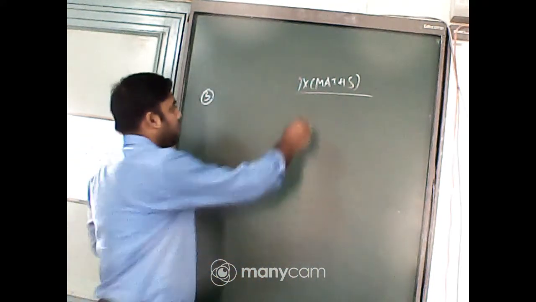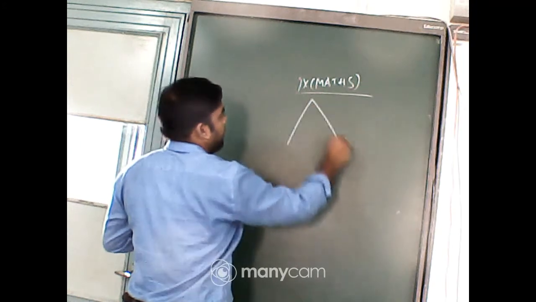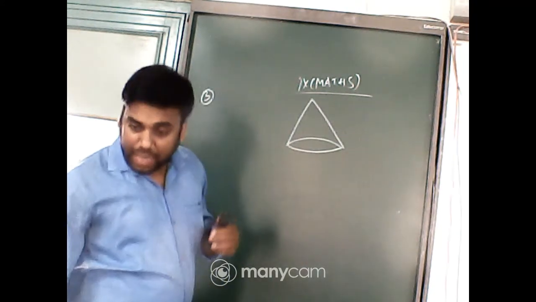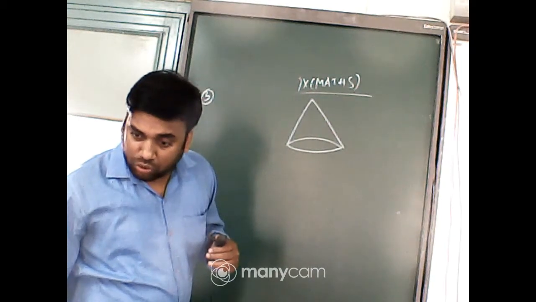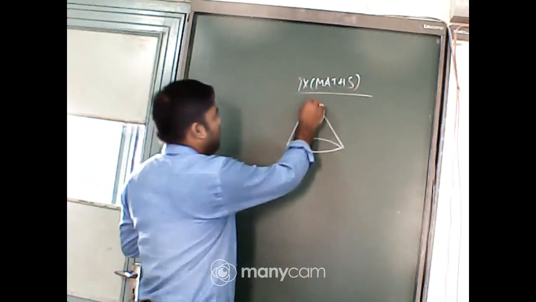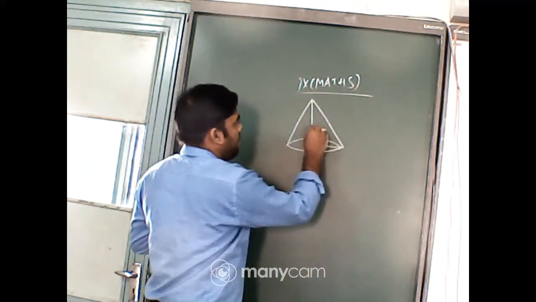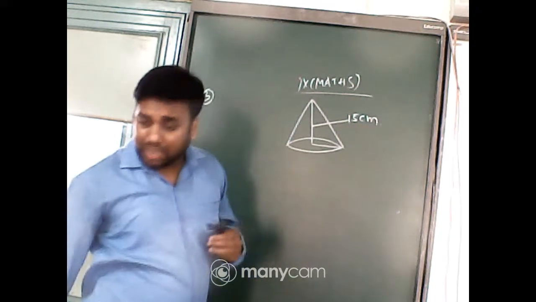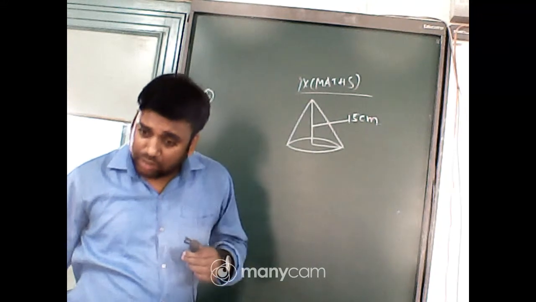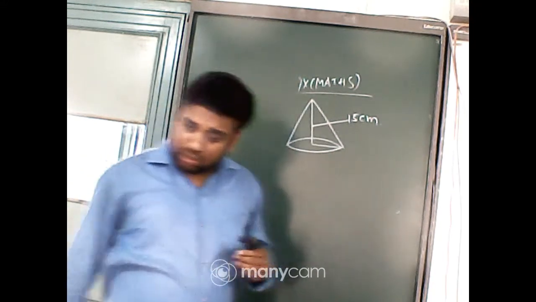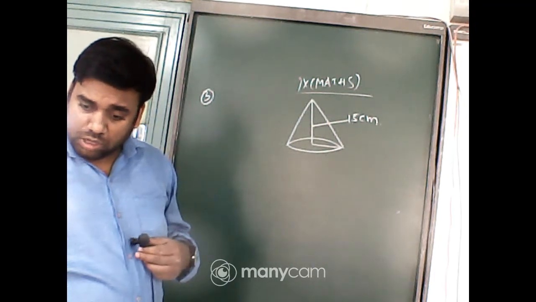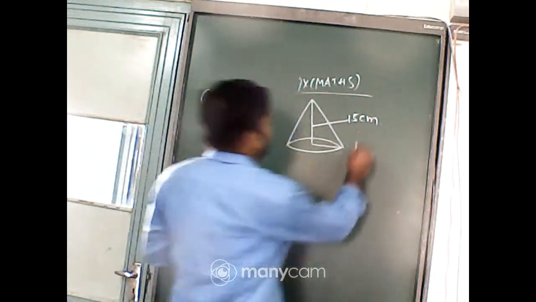Okay, a cone is given, and the height of the cone is 15 centimeter and volume is given 1570.